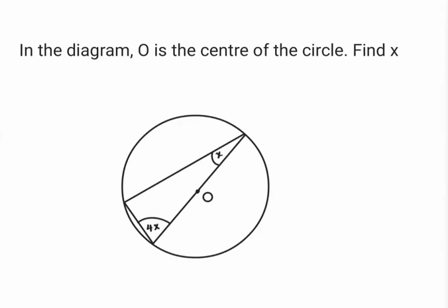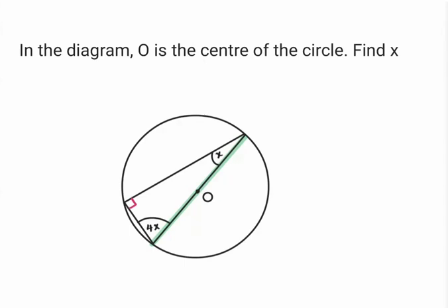The line I am highlighting right now is a diameter. And if that line is a diameter, what else do we know? The opposite angle to the diameter in the triangle is 90 degrees. So we have a triangle in that semicircle, and we have an angle opposite to the diameter. That particular angle is 90.